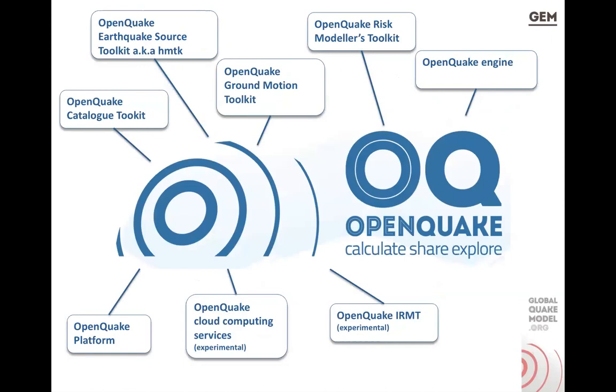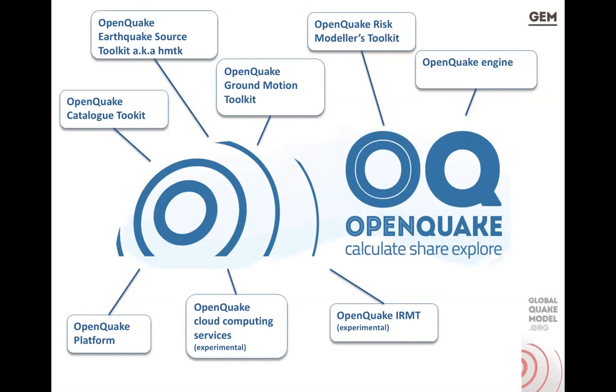So now coming to the OpenQuake engine and the modeling tools. The engine forms the core of the calculation software, but then there are several supporting software. All of them are Python-based libraries. For hazard modeling, you have the OpenQuake catalog toolkit.